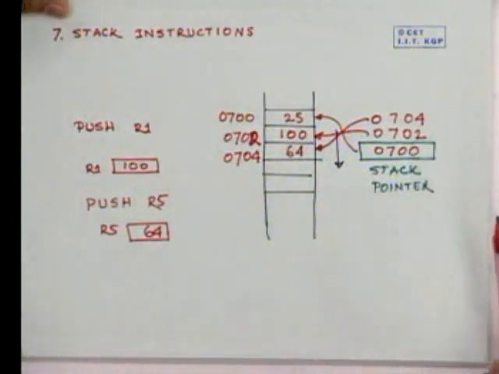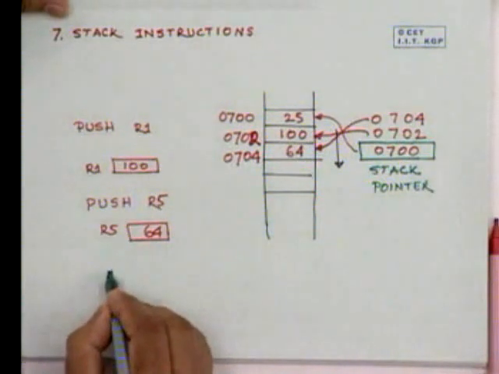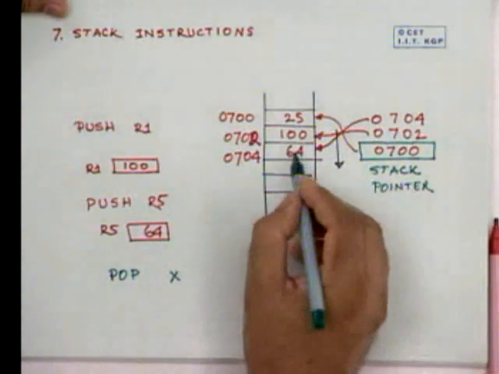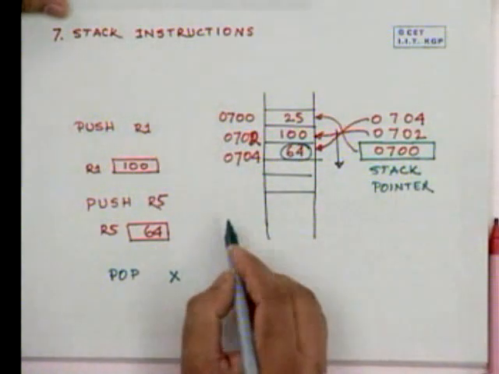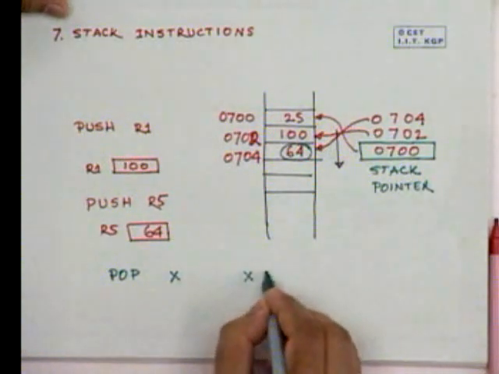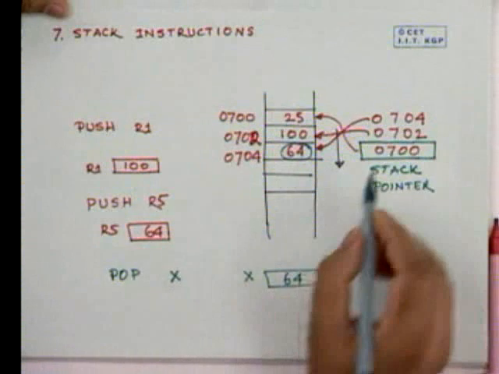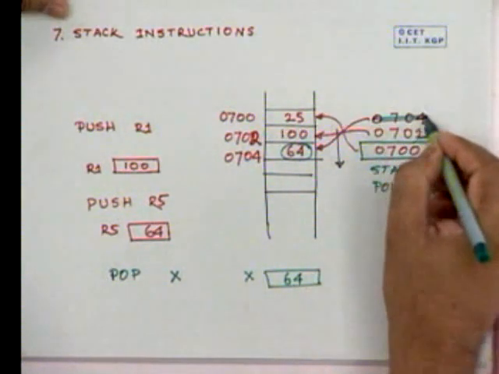Similarly, if we pop it out, that means if we say pop X, then the top of the stack, which is 64 now, will be taken out of the stack and will be sent to the location X. That means X will now contain 64 and the stack pointer value will be reduced by 2.